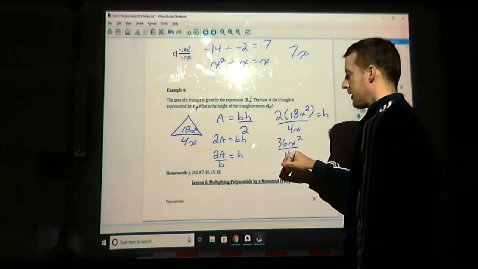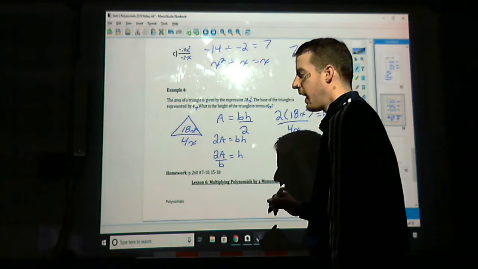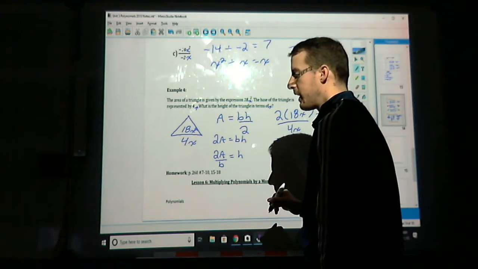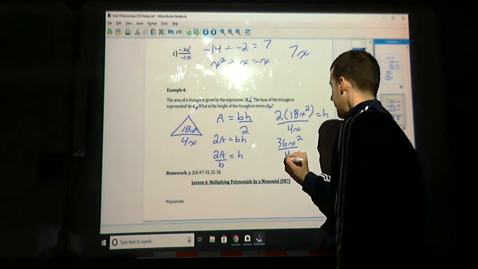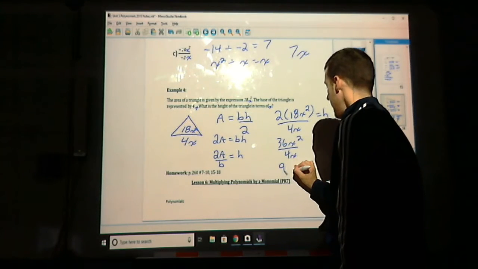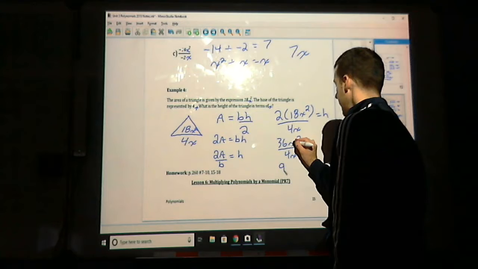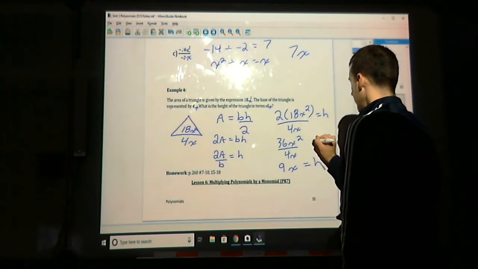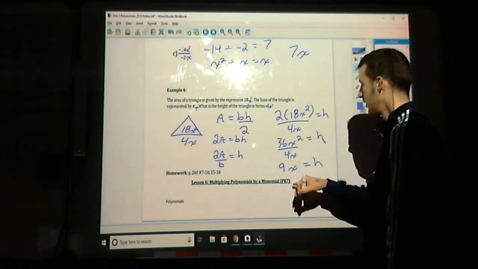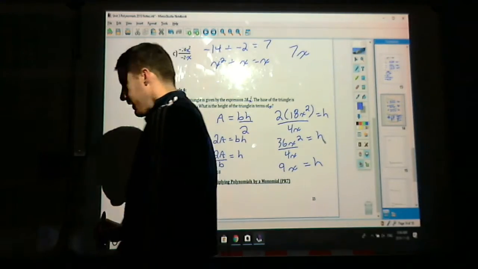Then we simplify and divide, and we end up with 9, because 36 divided by 4 is 9, and x squared divided by x is just x. So our height is 9x.